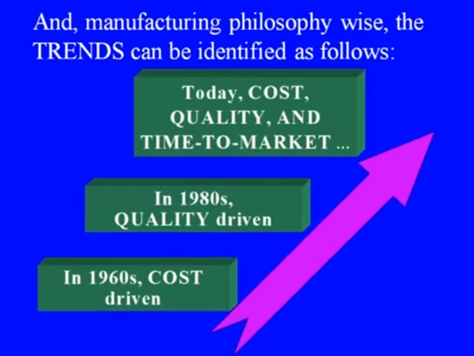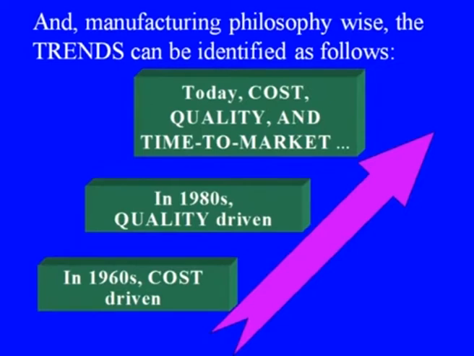While material driver is significant due to the developments in difficult to machine materials, the process driver is basically due to the stringent product requirements like tight tolerance, miniaturization, high quality, etc. On the other hand, the operational driver is attributed to the shrinking time to market, requirements to offer products at competitive costs, etc. And manufacturing philosophy wise, the trends can be identified as follows.